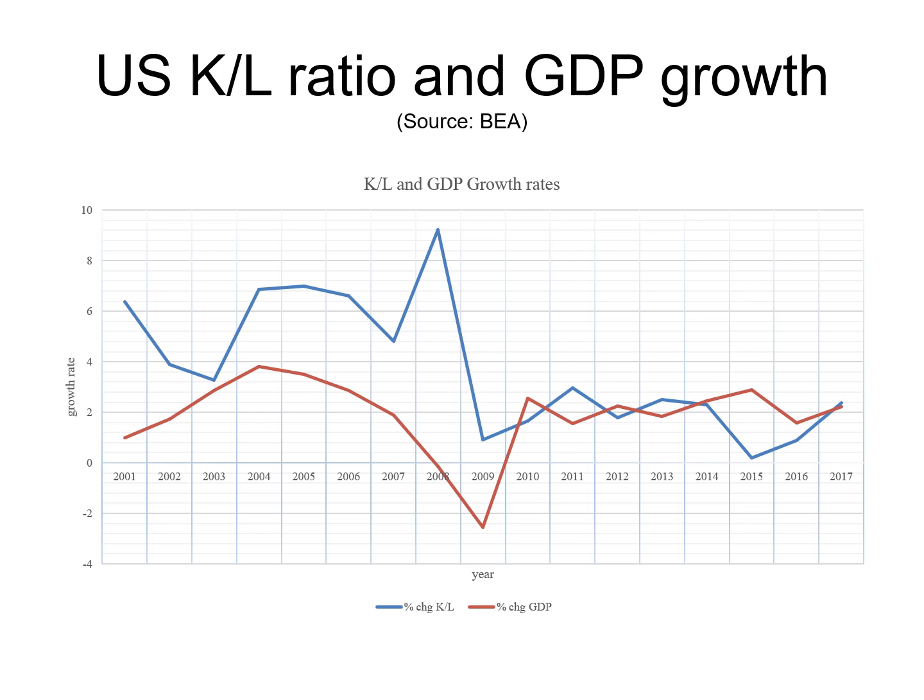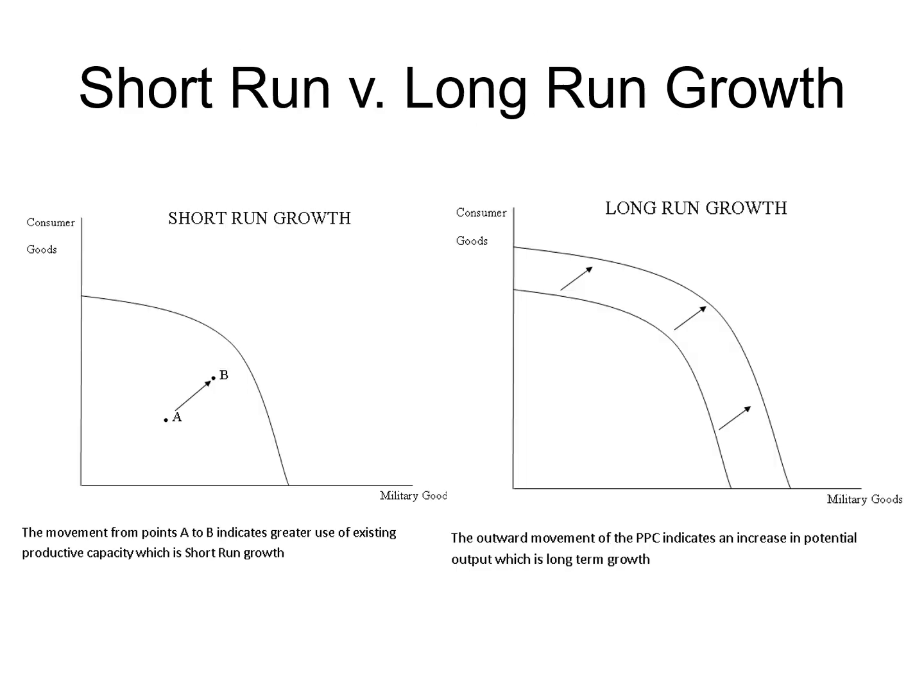The idea is very simple, and we'll deal with it again when we get there: it doesn't really make any sense to push your production possibility curve outward if you're not already working at your potential. If you're underutilizing resources, what point is there in gaining more resources? First, utilize the resources you've got. That's the basic idea behind it, and we'll deal with that again when we get to fiscal policy.